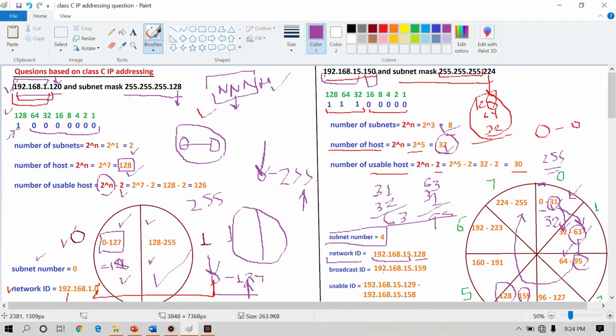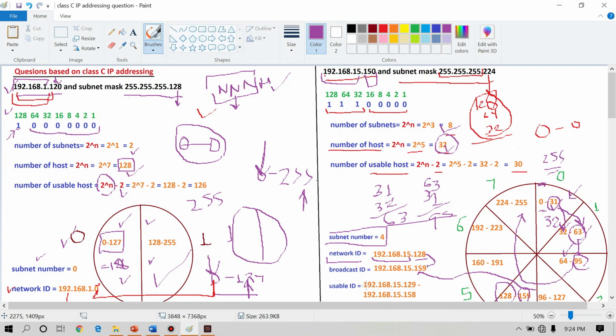And for the broadcast ID, you have to write the same thing here, that is 192.168.15, and write this last bit. Now how many usable IDs do we have? All the IDs between 128 and 159 are usable IDs.